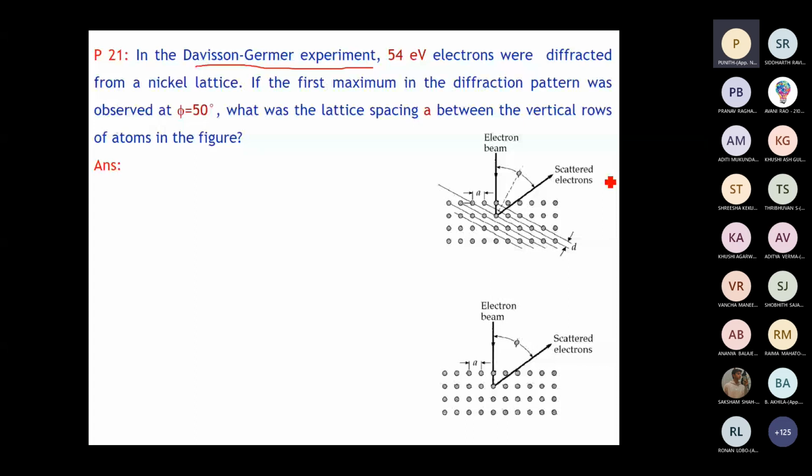They noted the diffraction pattern at phi equal to 50 degrees. So what was the lattice spacing A between the two vertical rows? You have lambda is equal to h by root 2 m e V, and using this you can determine the wavelength. And now you determine the lattice spacing. Please do this.